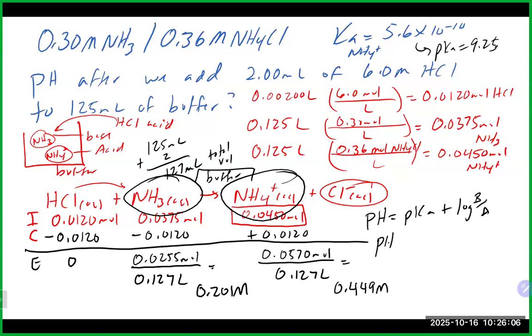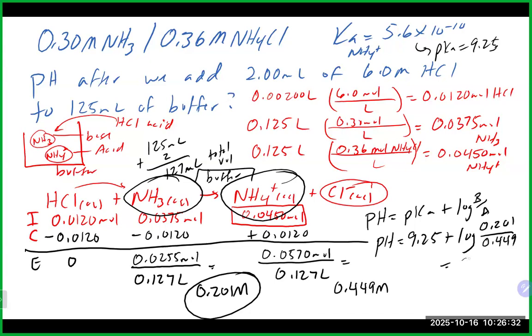So pH here is 9.25 plus the log of my base. Once again, want to make sure the base, which is our ammonia in this case, gets up on top. Again, the acid usually has one more hydrogen than the other one. And we'll do that. And we got 0.201 divided by 0.449, a little log action, and adding to a 9.25.